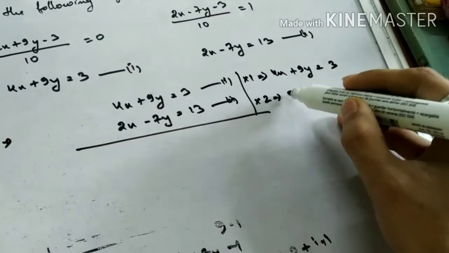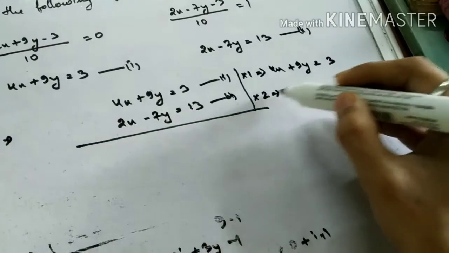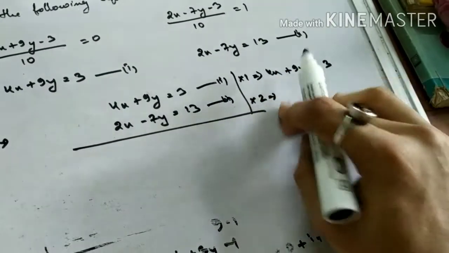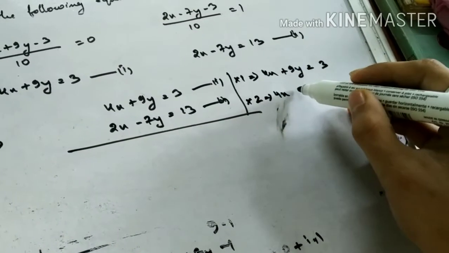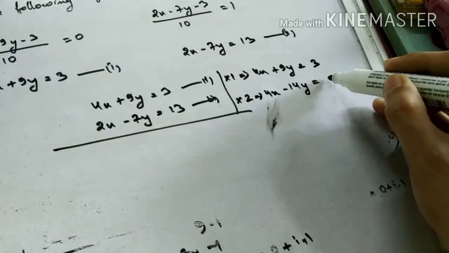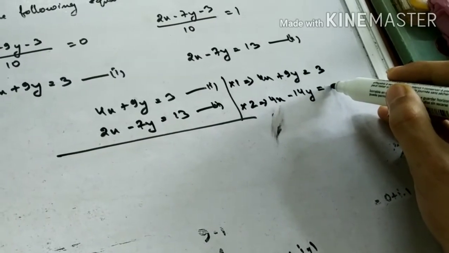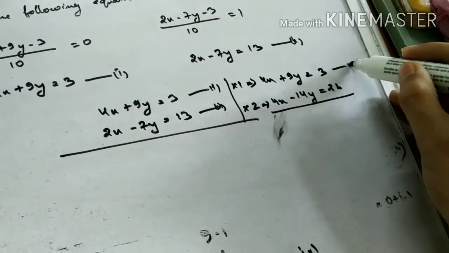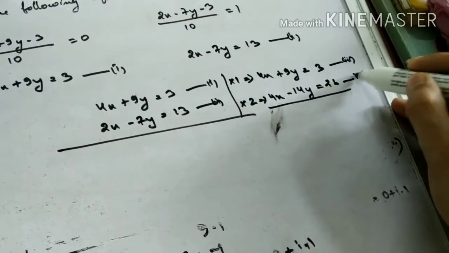And this whole equation if I multiply by 2, I will get 4x minus 14y is equal to 13 into 2, which is 26. So this you give equation number 3 and this you give equation number 4.